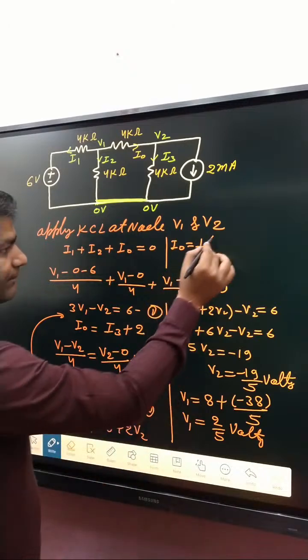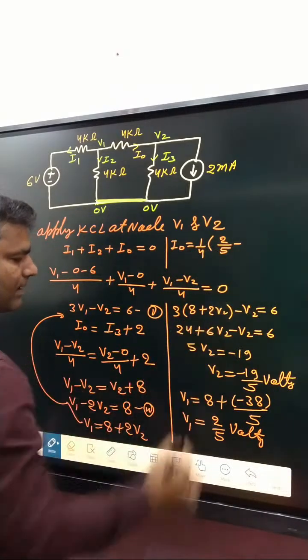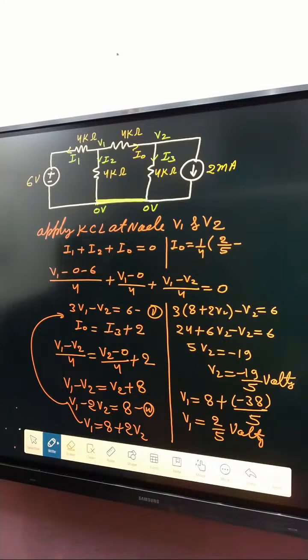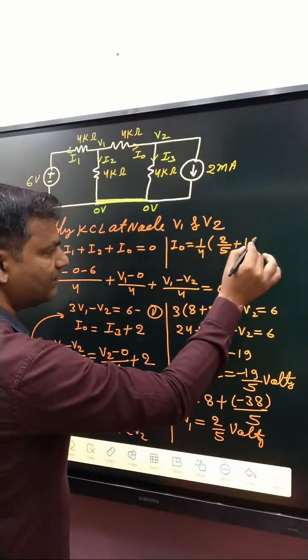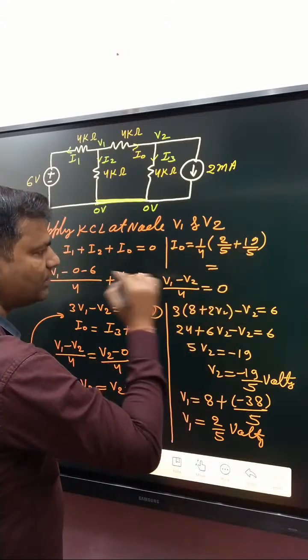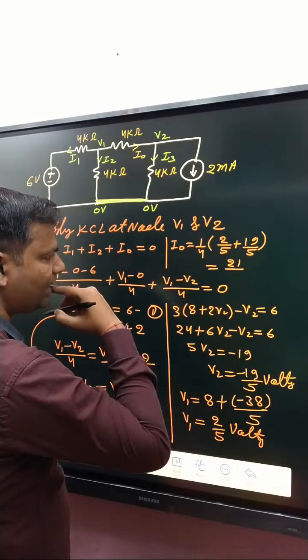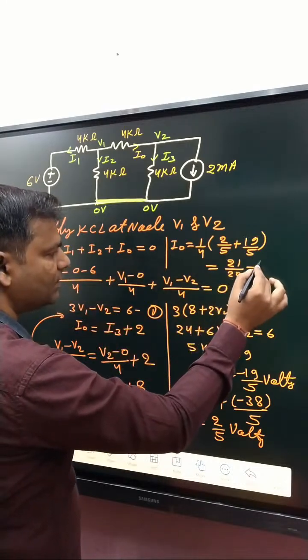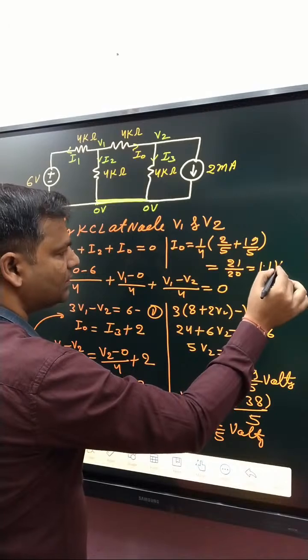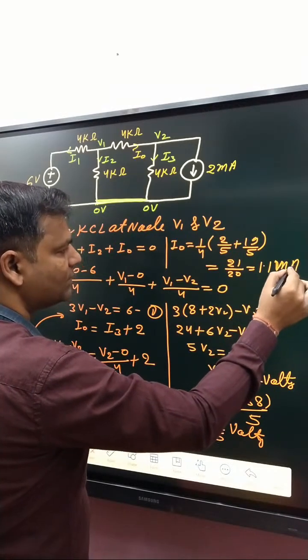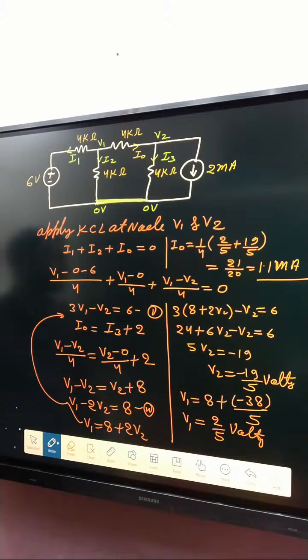V1 is 2 by 5 and V2 is minus 19 by 5, so V1 minus V2 is 21 by 5. So 21 divided by 4 times 5, which is 20, gives 1.1 milliampere. The final answer is 1.1 milliampere.